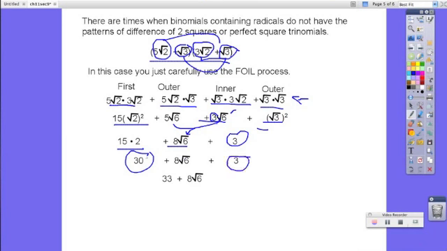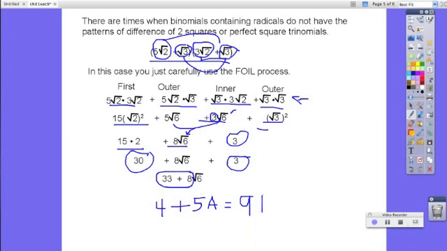Remember, once again, I'm going to tell you, do not add those together. If you had an expression something like this, 4 plus 5a, there's not anyone in the class, I would hope, that would say that's equal to 9a. Remember, you can't add them because you don't have a common factor.